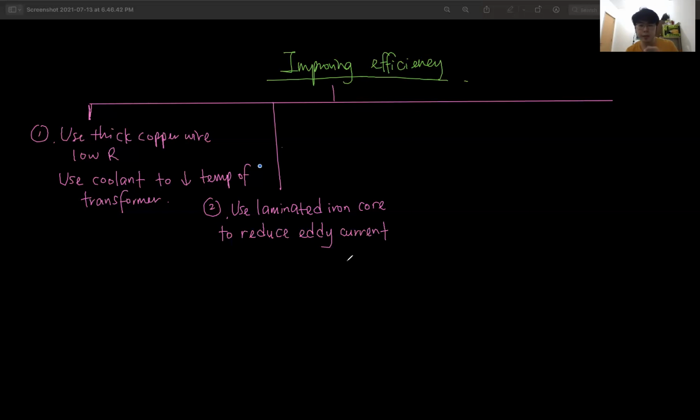Where do eddy currents come from? From the changing magnetic flux inducing current in the core. So we want to reduce that, so we put one extra layer of coating. Actually, it's like a paint.